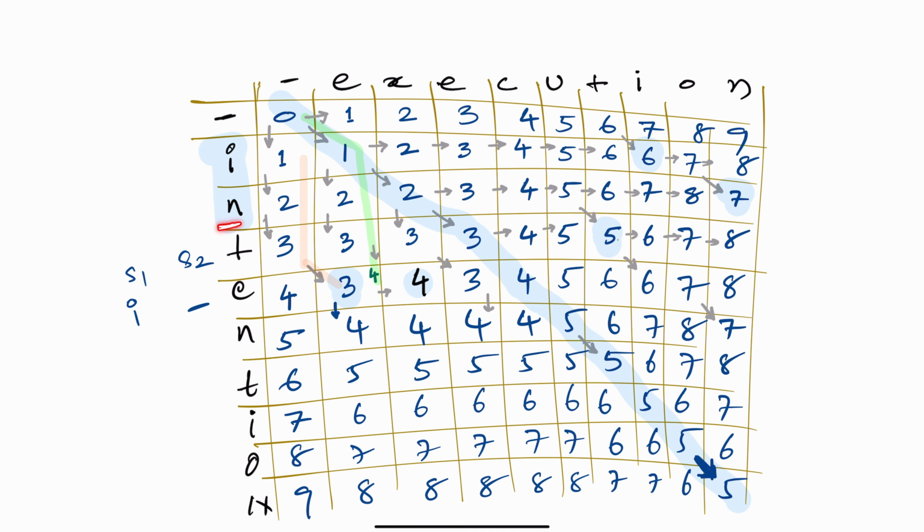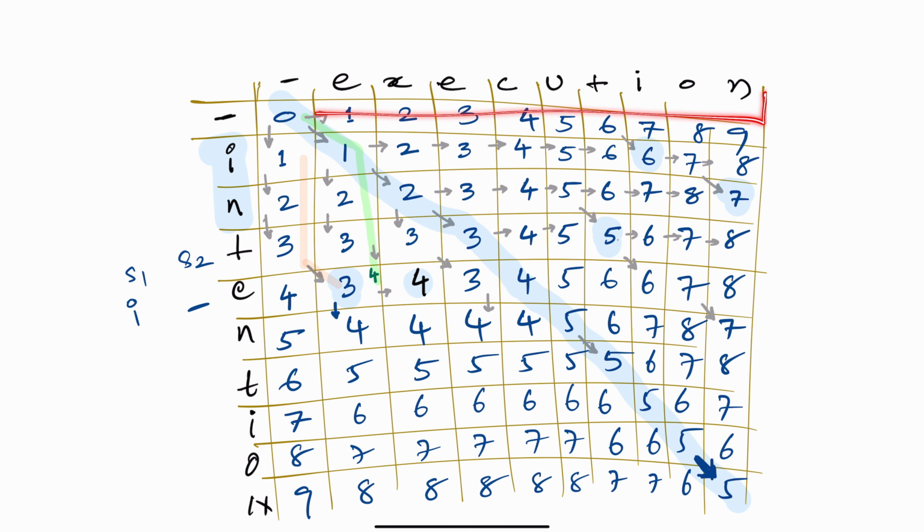Now this N, I keep on adding. Okay, EXC. EXC means yes, we deleted EX, but we need to insert E. That's why it is plus 1, it is 3. Again plus 1, it is C. Plus 1 U, plus 1 T, plus 1 I, plus 1 O, 8. Now pay attention on the last one.